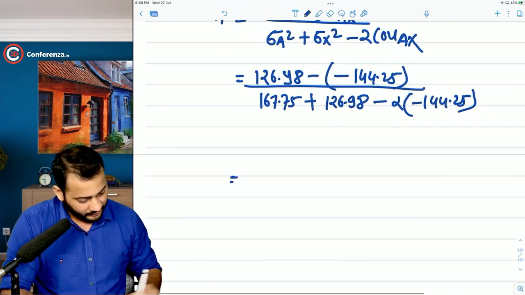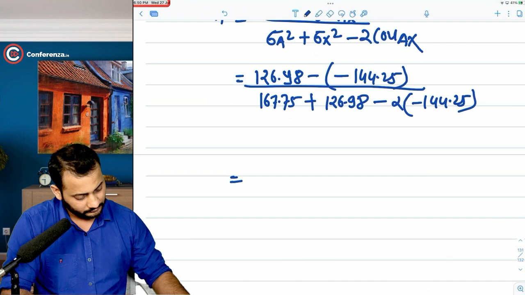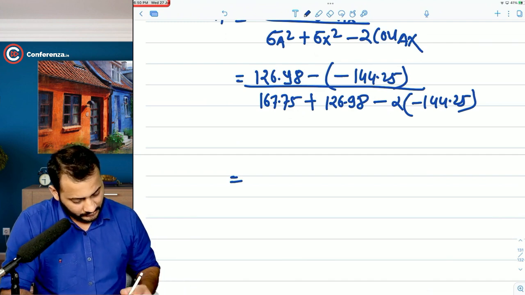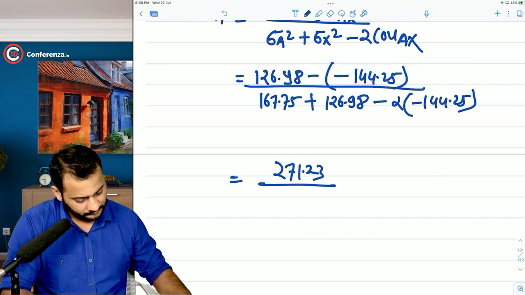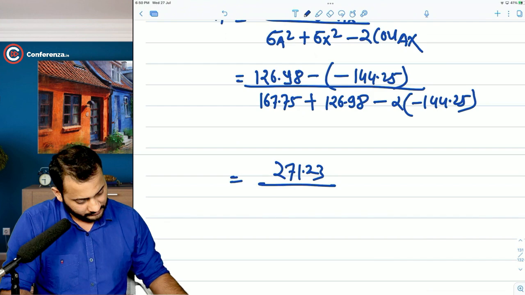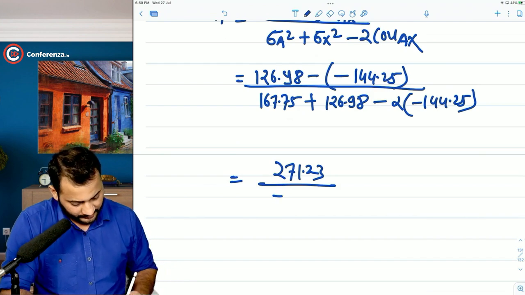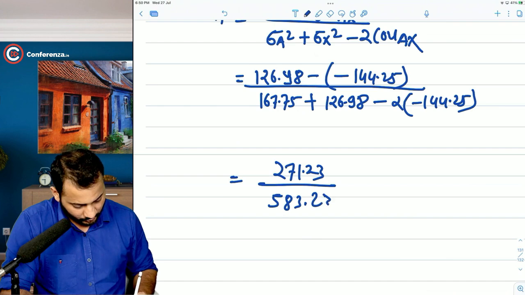Let's try and find out the answer. 271.23 in the numerator, and in the denominator 167.75, 126.98, giving 583.23.